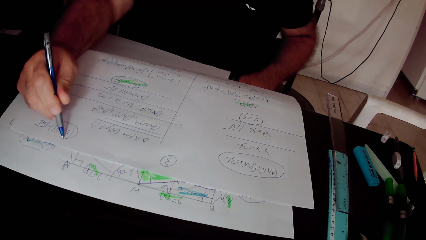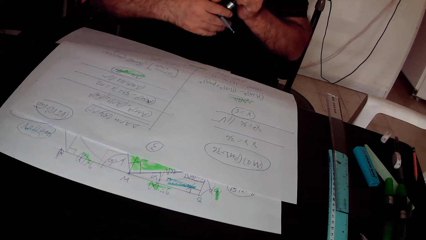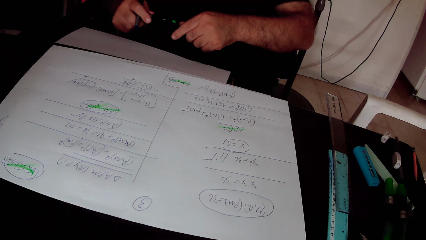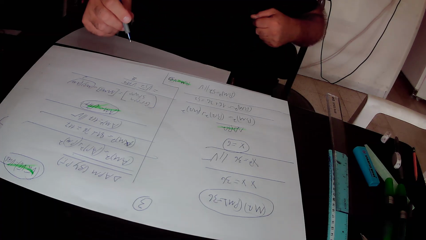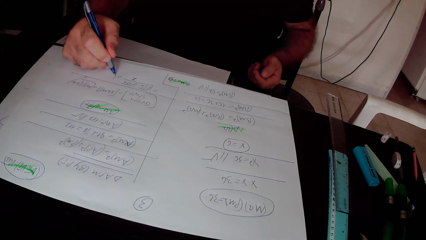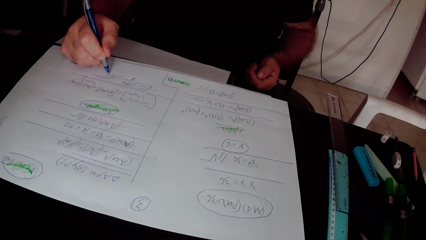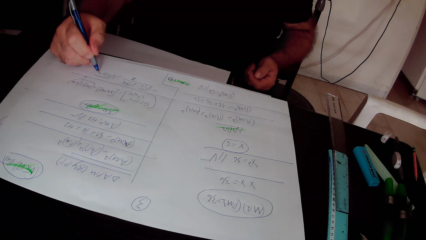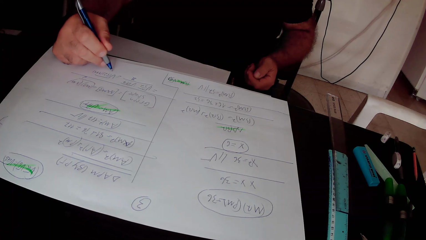So we use this algebraic identity here, and we get that the square root of 52 times the square root of 117 is equal to the square root of 52 times 117, divided by 2.